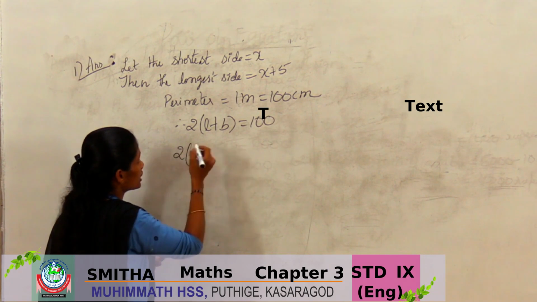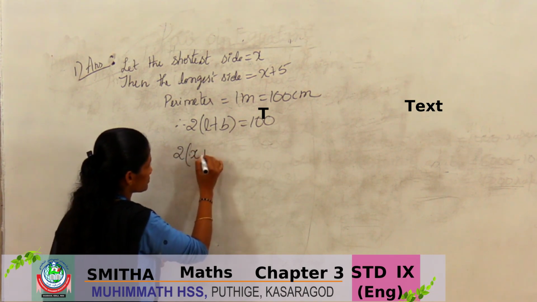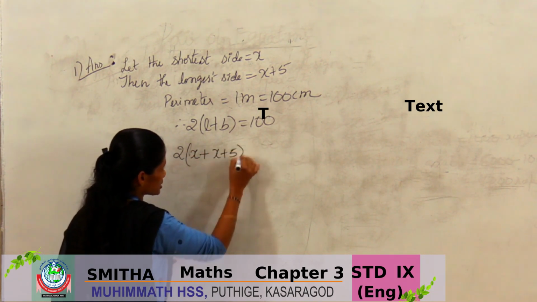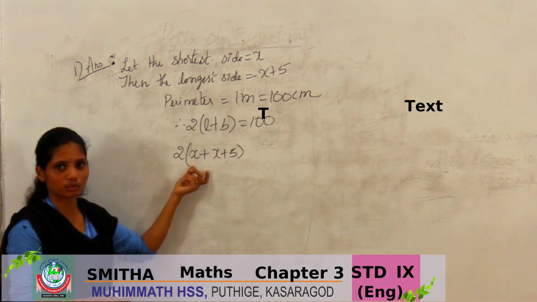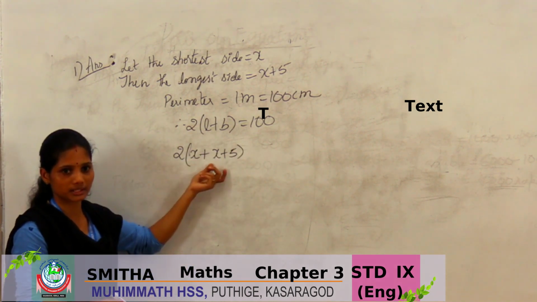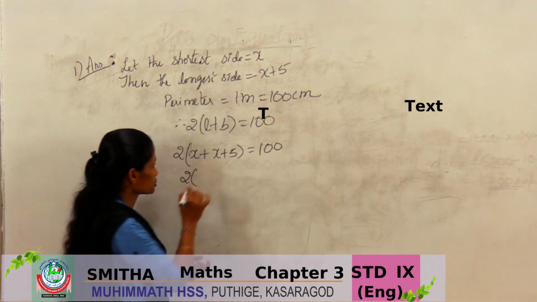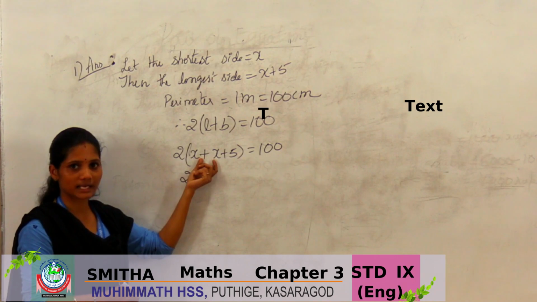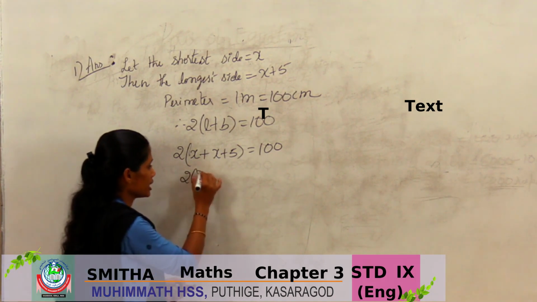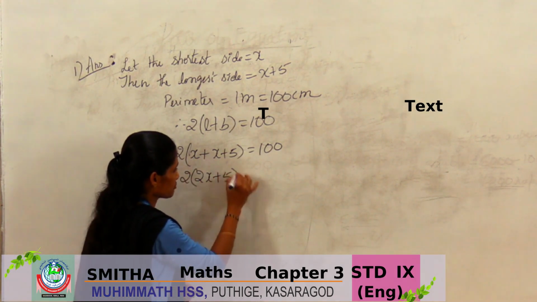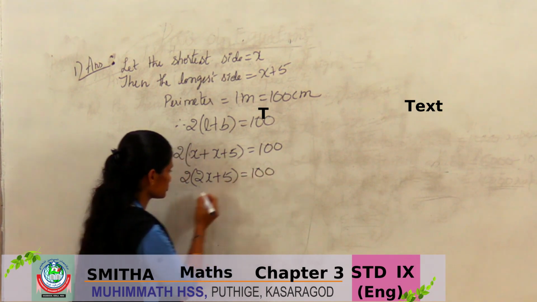2 into L is x, plus the other side is x plus 5. Substituting the values of L and B, 2 into x plus x plus 5 equals 100. Adding like terms, x plus x gives 2x, plus 5 equals 100.